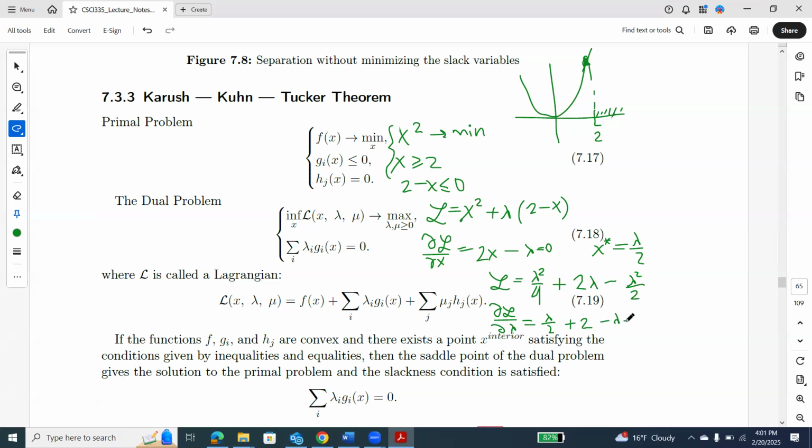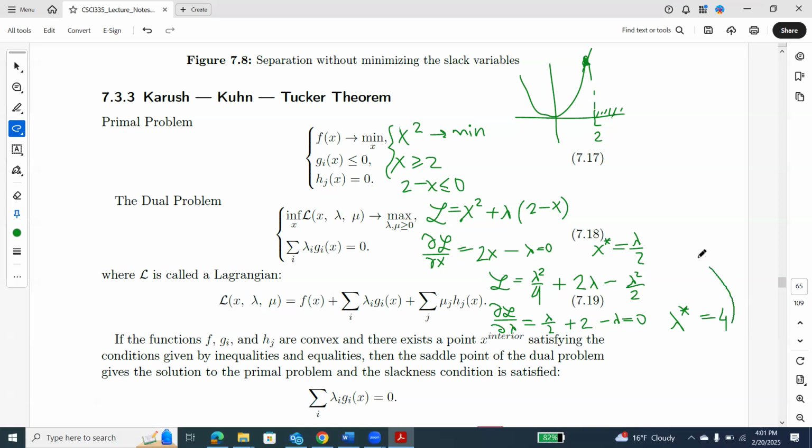When we solve it, we get the optimal lambda: lambda over 2 equals 2, so lambda is 4.